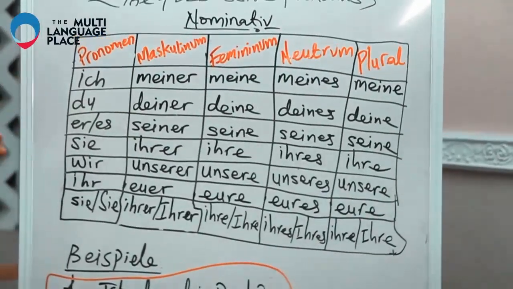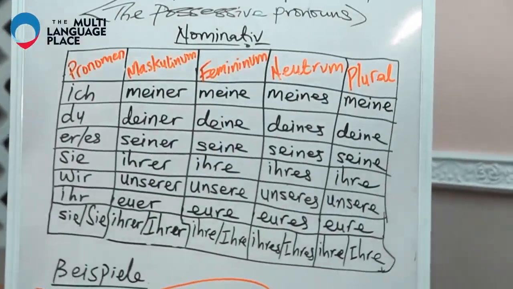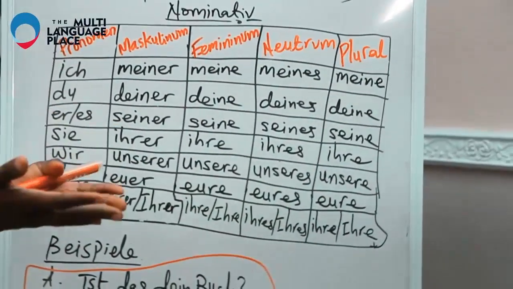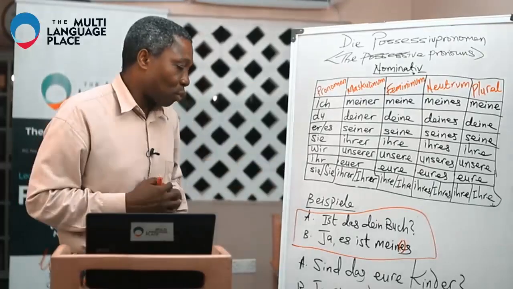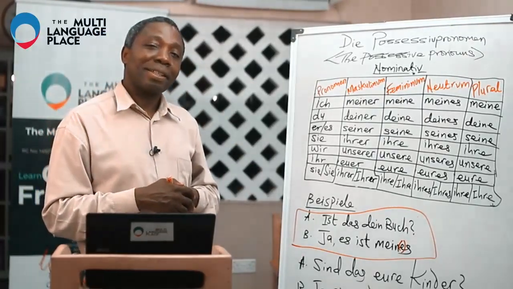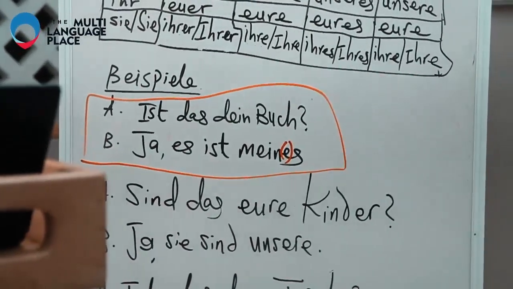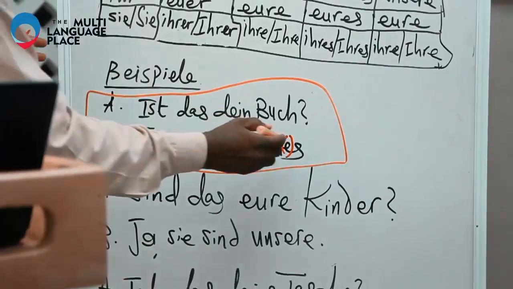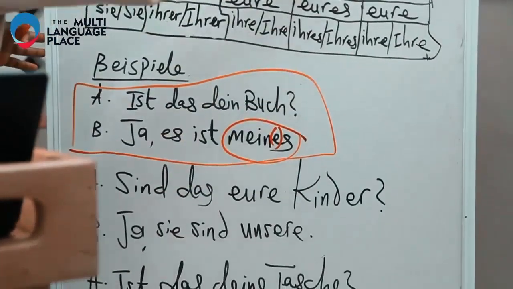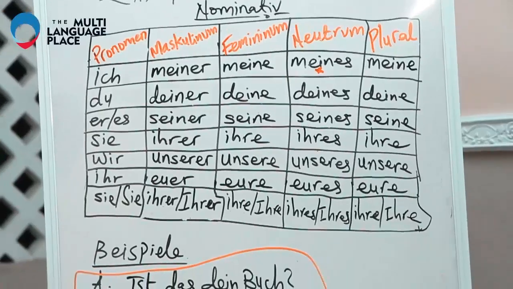Is das dein Buch? Ja, es ist meins. So you see this one is located here. Then we go to the second example.